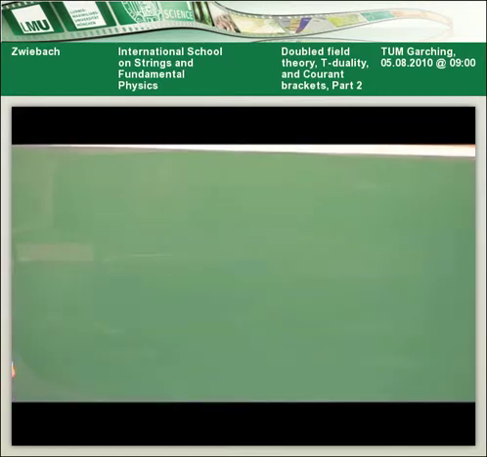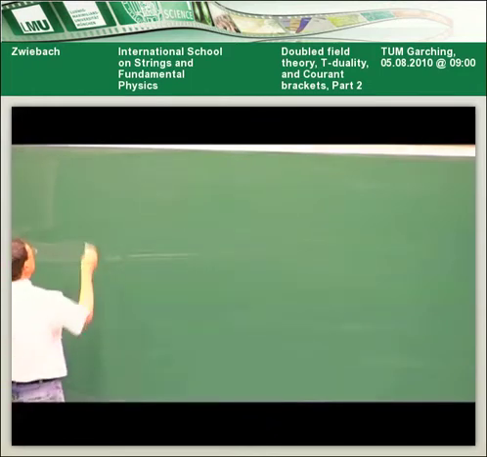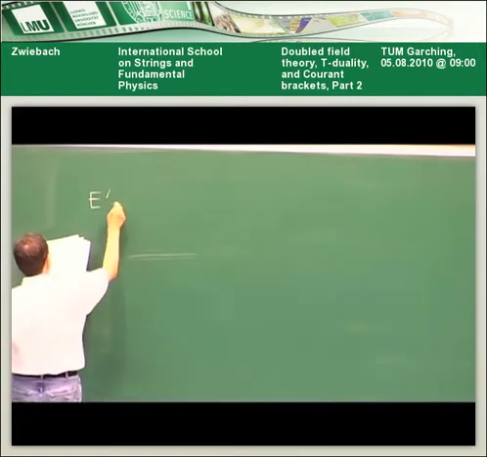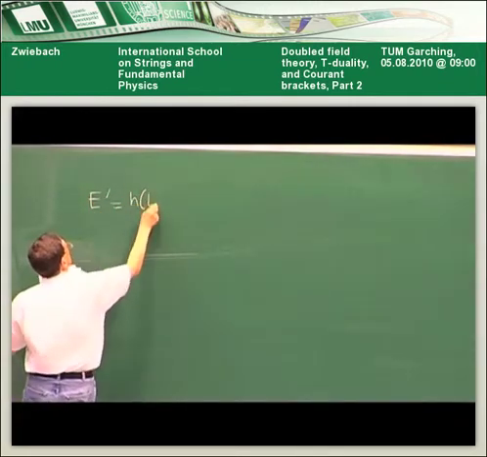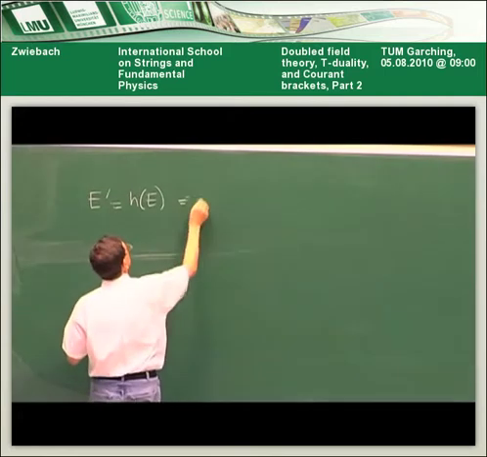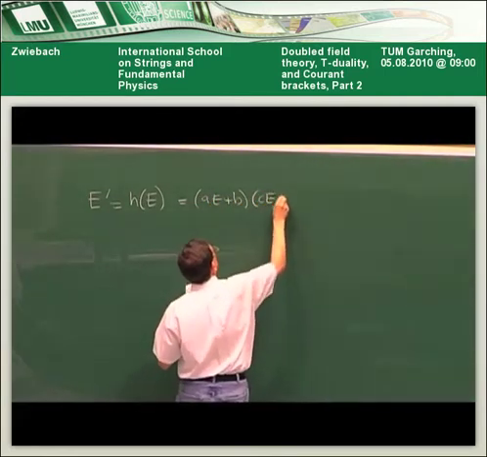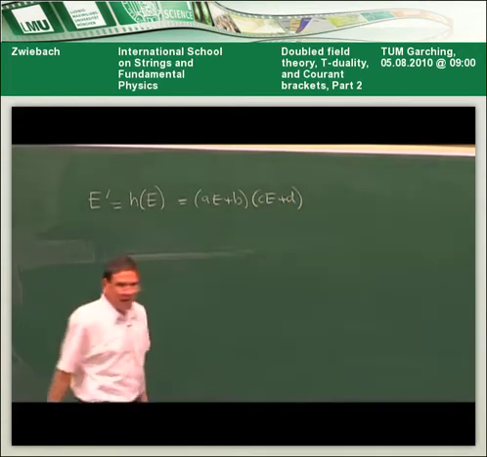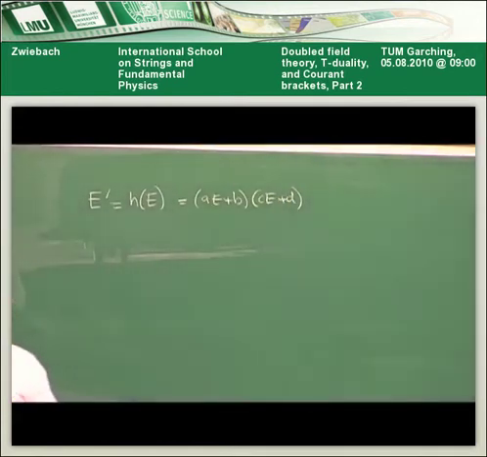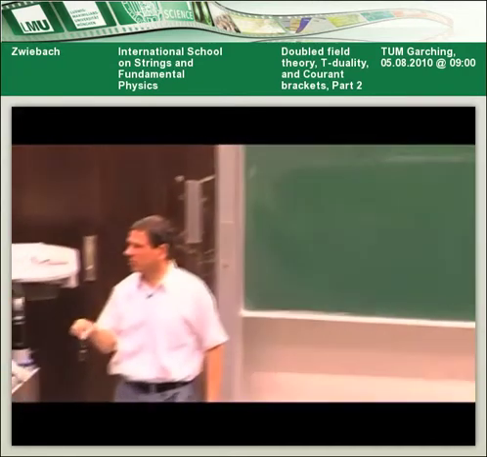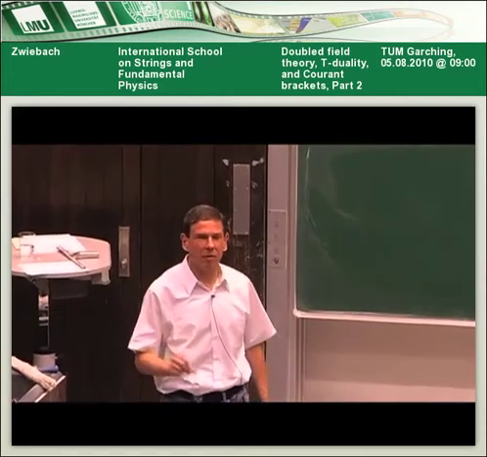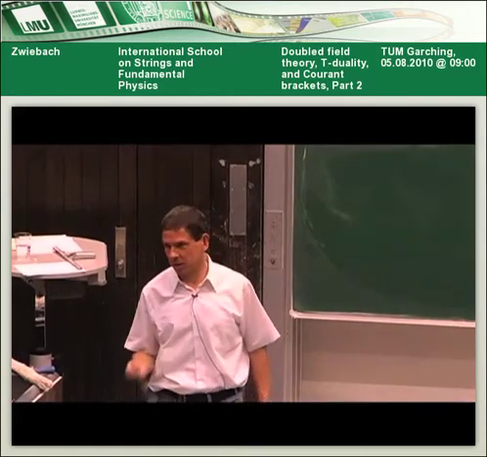Yeah, it's dry. Okay, so E transforms in a complicated way. So E prime is somewhat complicated. It's AE plus B over CE plus D. But there's something nice. Linear fractional transformation is something that you should always keep in mind. Linear fractional transformations are complicated, but their derivatives are always simple, much simpler.